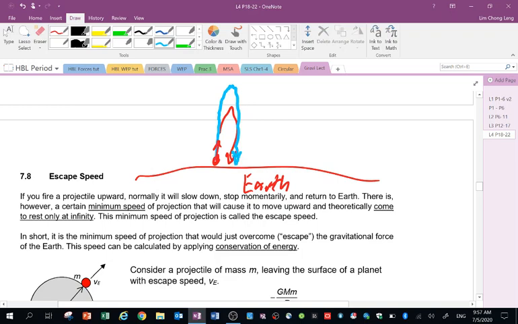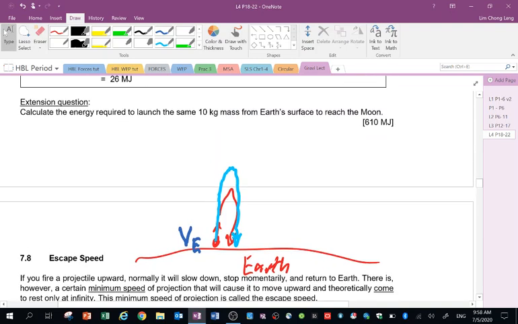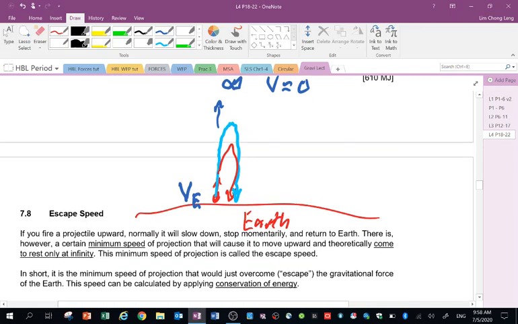So am I able to supply a certain velocity, which is known as the escape velocity, such that the body will go to infinity? The body will continue to go until it reaches infinity with zero speed. Okay, is it possible like this? Well, we define this theoretically.